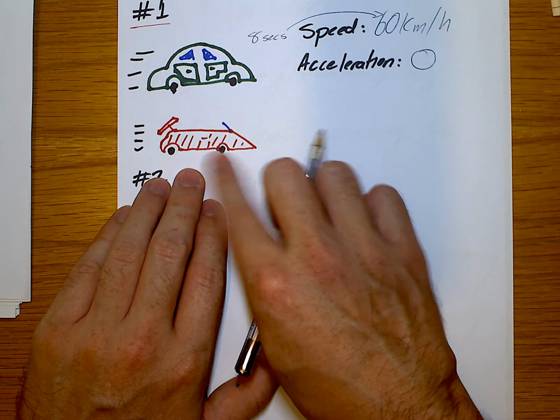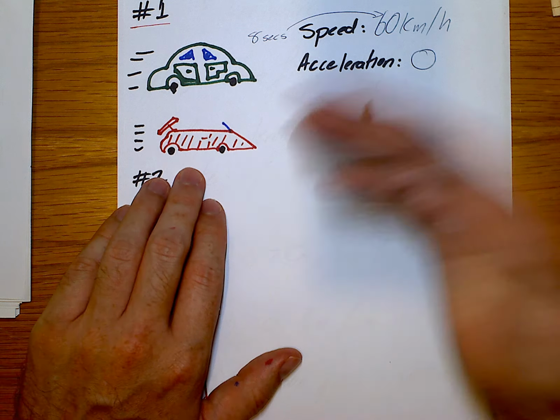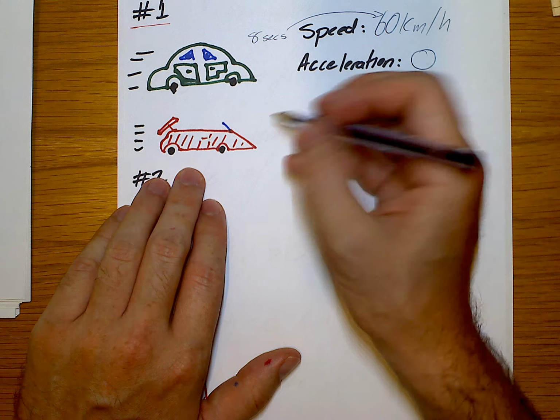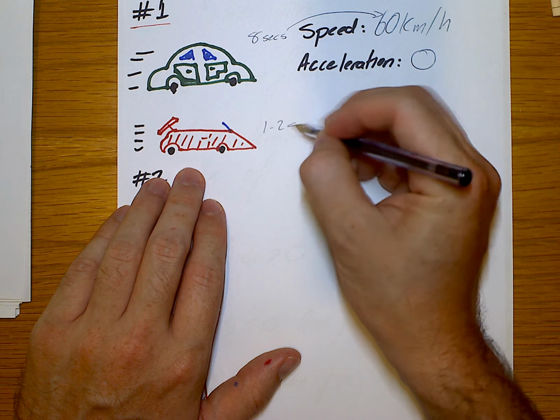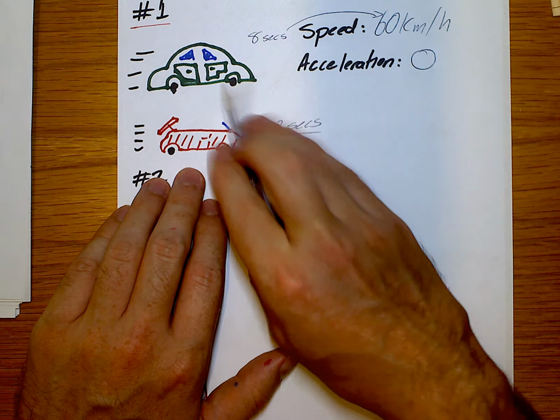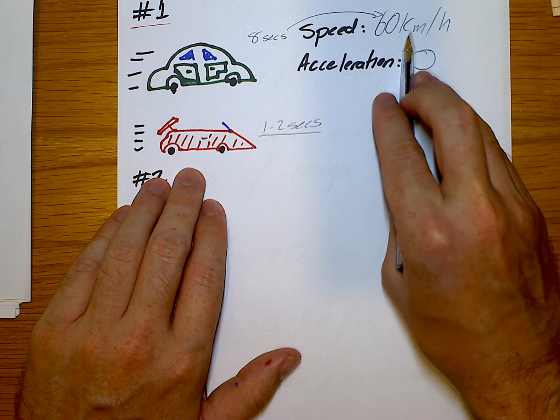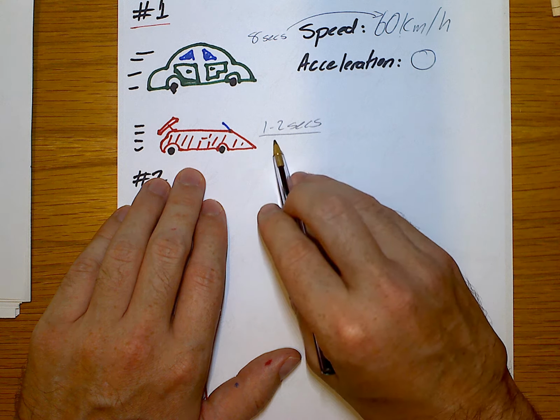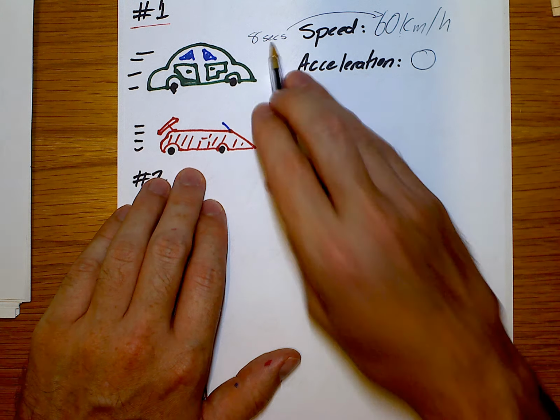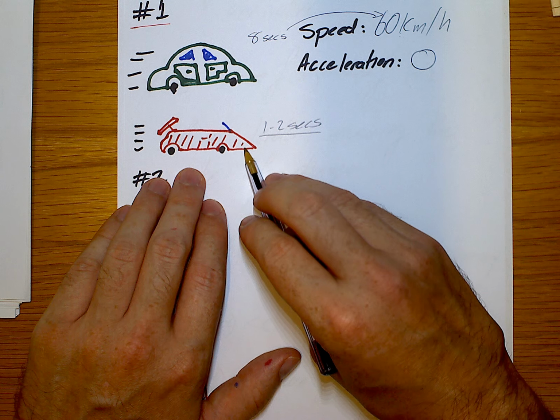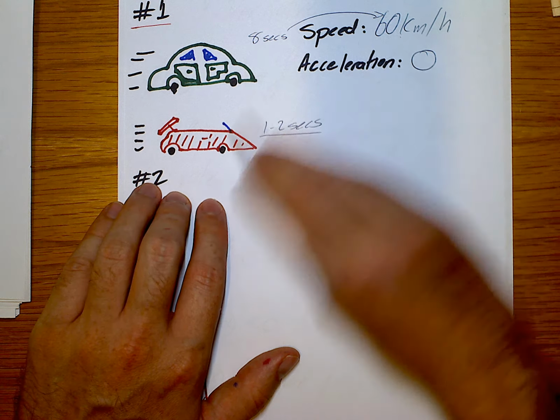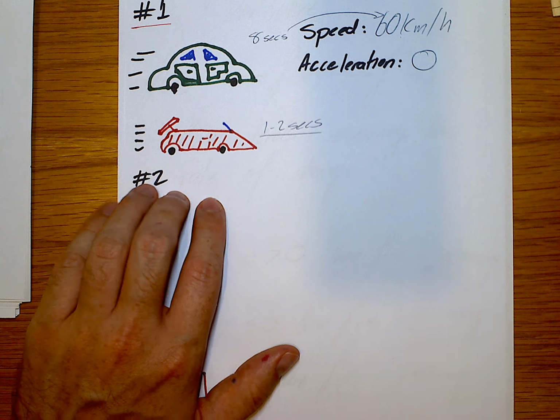This sports car, or fast car, whatever you want to call it, can typically get to 60 kilometers an hour in maybe 1 to 2 seconds, which is incredibly fast. So both cars can get to 60, however the rate and acceleration at which they get there will differ dramatically. This car is a lot more powerful and can get to 60 a lot quicker. Both cars can get there, but this one's acceleration is going to be a lot better.